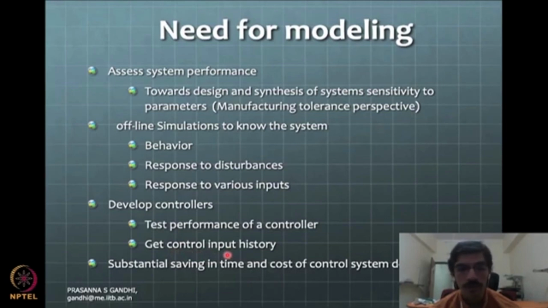We'll talk about this point multiple times, because it is an important aspect that often gets neglected while studying basic automatic control courses, where we are only focused on stability of the system. All the time we talk about how to make the system stable. Are these gains making the system stable? Are these gains not making the system stable?